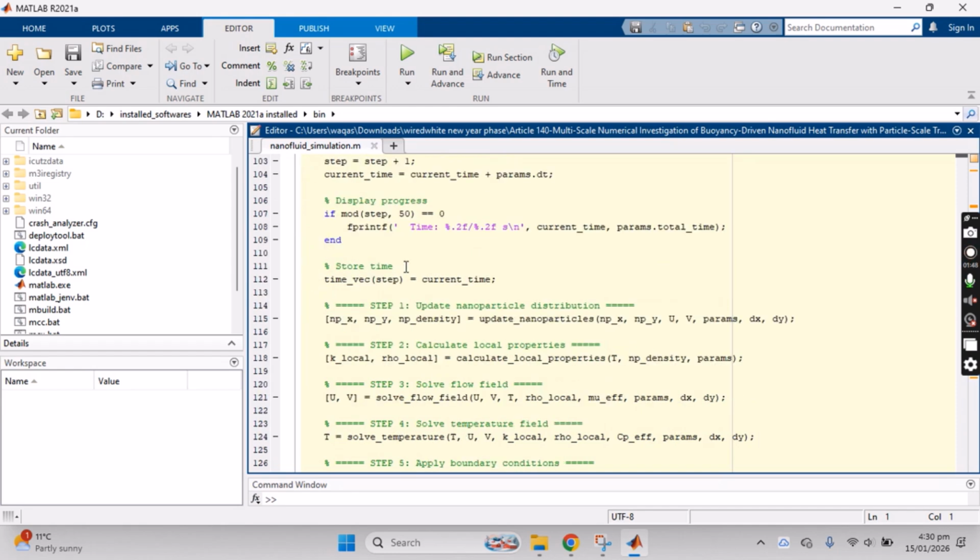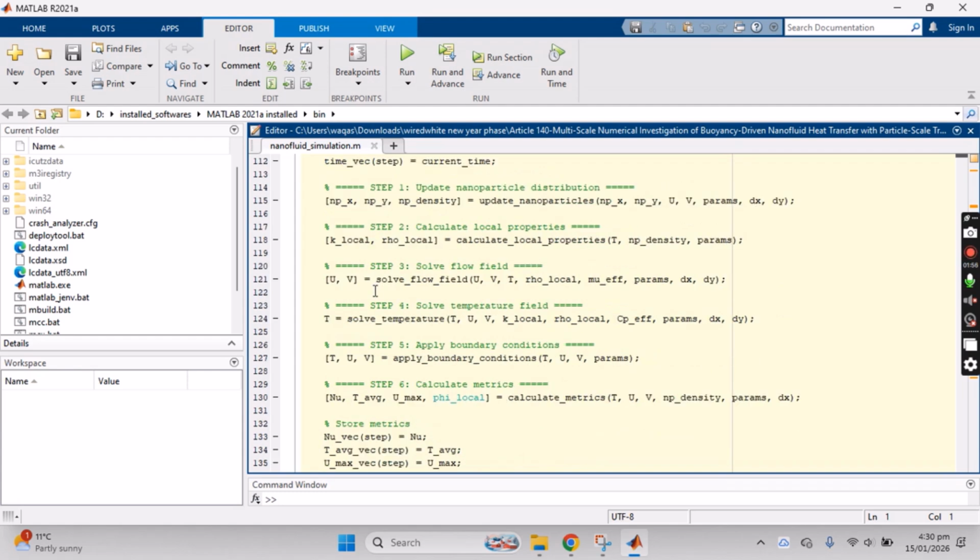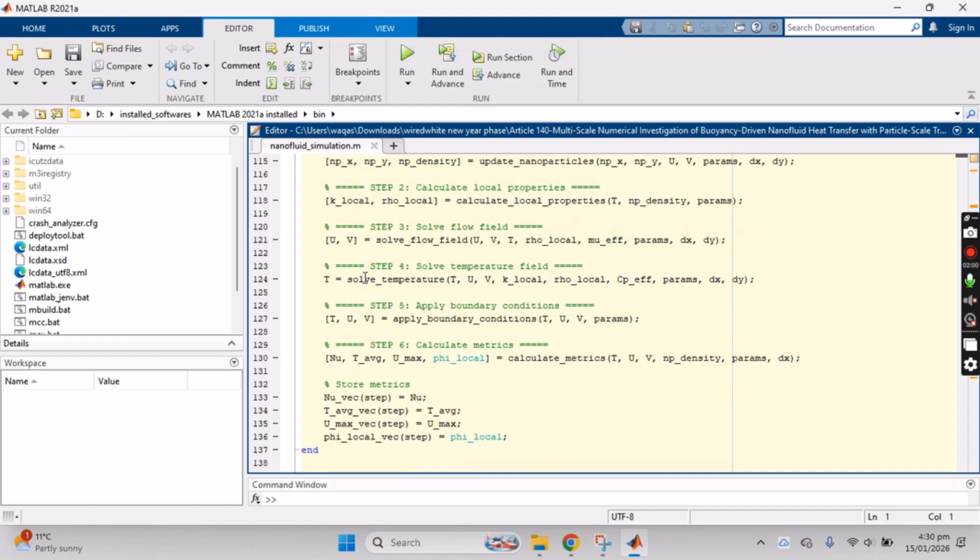According to the same, it stores the time with the step, then updates the nanoparticle distribution, calculates local properties, then solves the flow field and solves the temperature field. These are the equations used for the different solutions of fields and boundary conditions.